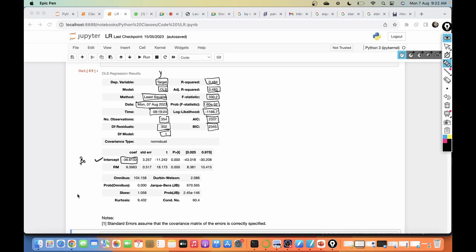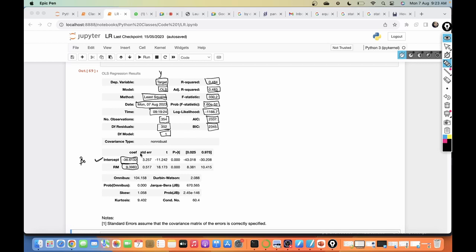We found that minus 36 earlier also, remember, in Sklearn we found. Yes, very good. And this is the coefficient of the variable, and we also found that same coefficient value in Sklearn. Remember, right? Yes.